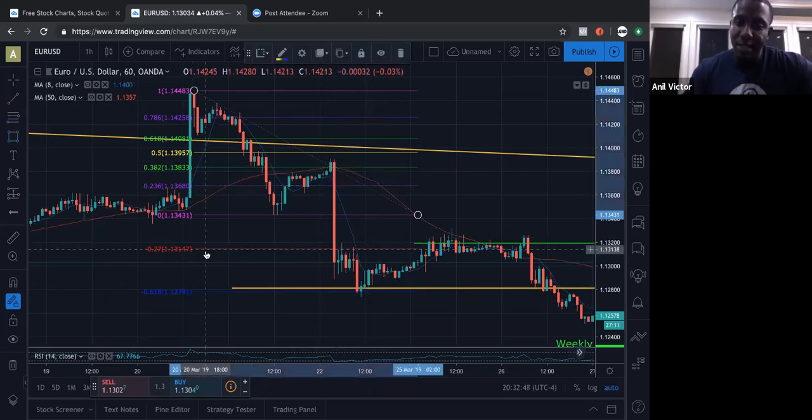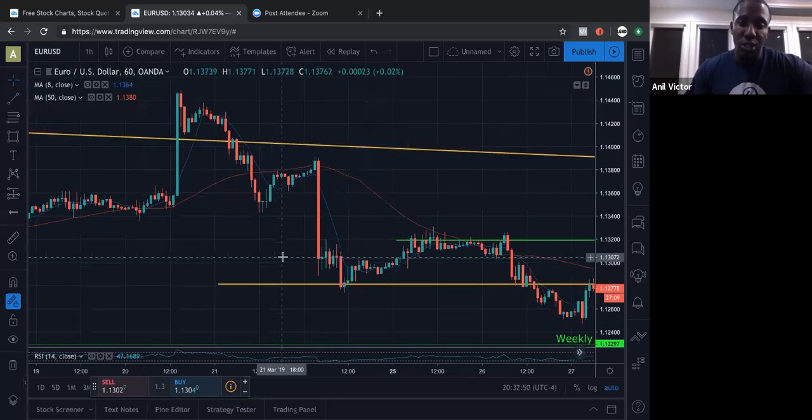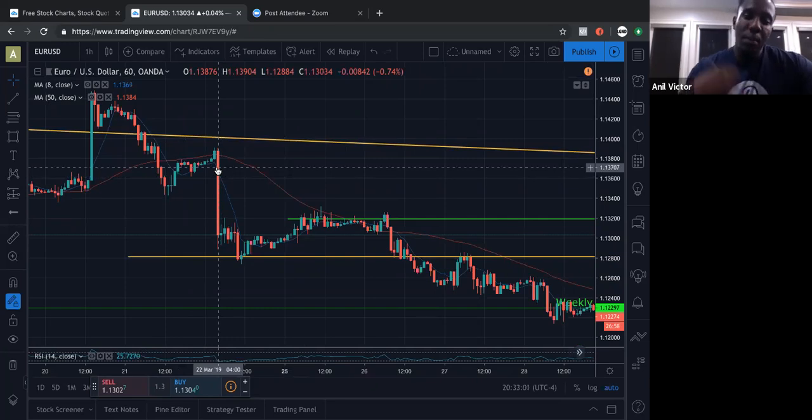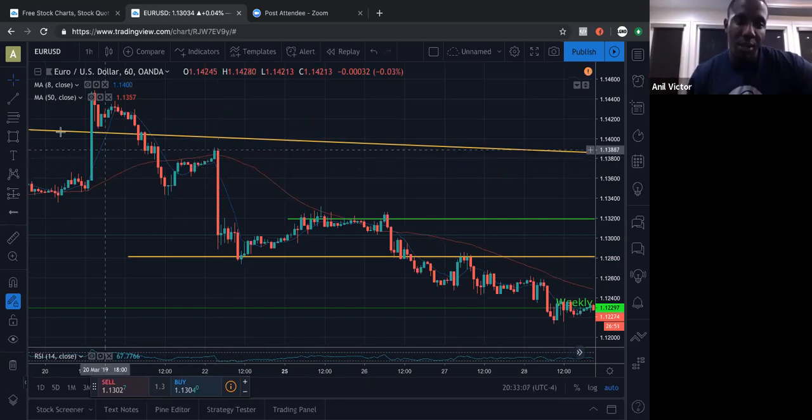Looking at it in hindsight it's easier to determine, but keep in mind that 38.2 and 61.8 are the key levels on the Fibonacci. If it goes beyond 61.8, be mindful that a trend reversal is possible, or there's a potential of a trend reversal in the near future.